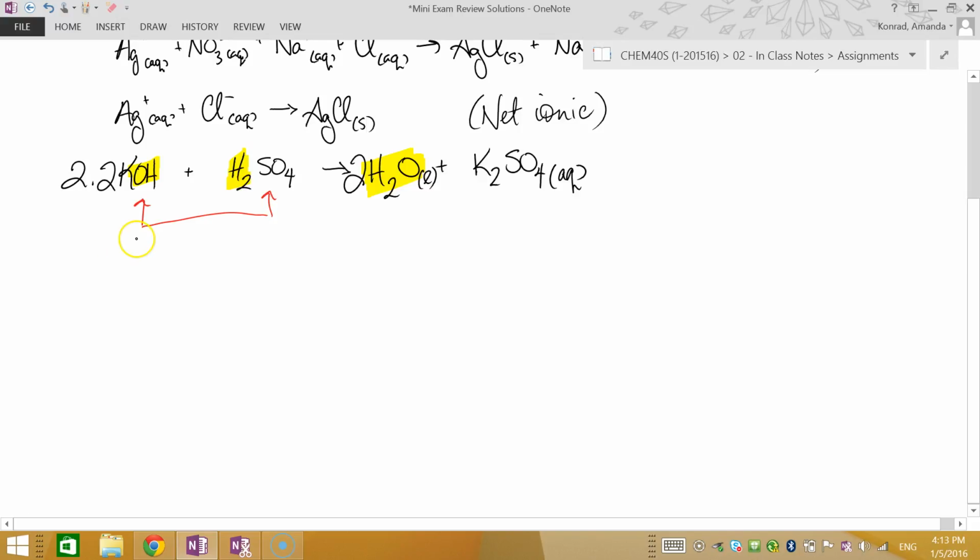So from here you can write out your givens. We've got 0.200 moles per liter is the concentration of KOH.